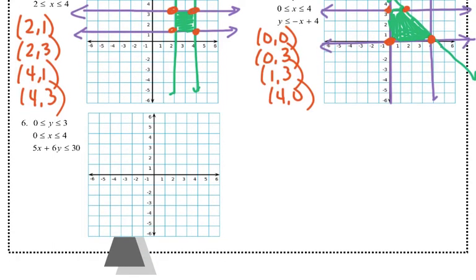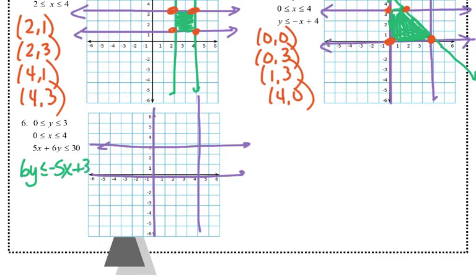Last one, kind of repetitive here. We probably don't even need to do it, but we'll just do it. y is between 0 and 3. x is between 0 and 4. And then if I solve this one here, what do I have? 6y is less than or equal to negative 5x plus 30. So y is less than or equal to negative 5/6 x plus 5.